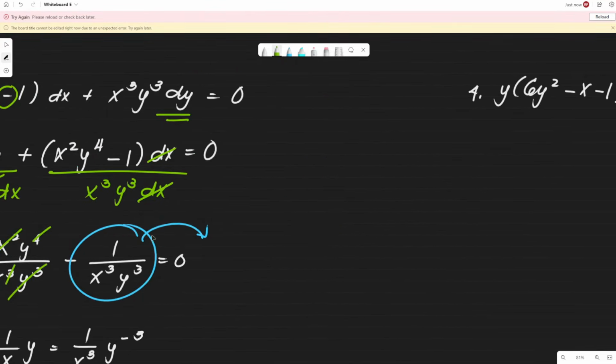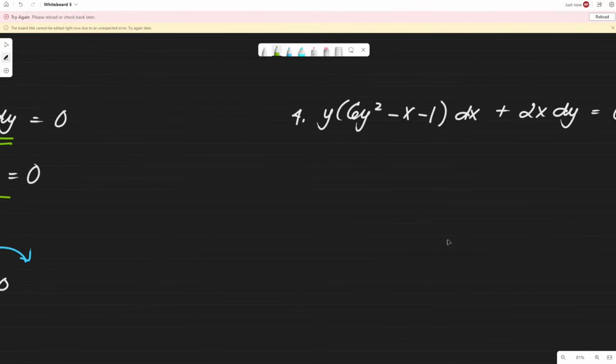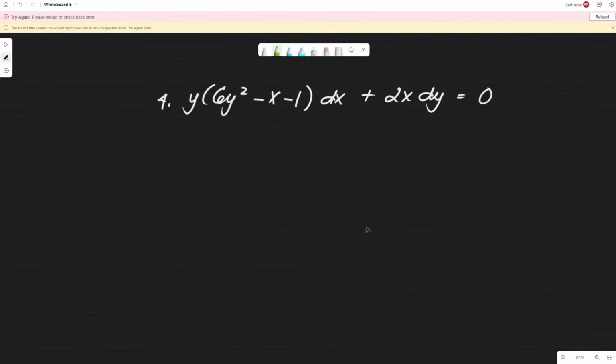And for our last example, we have y times 6y squared minus x minus 1 dx plus 2x dy is equal to 0. So we have plus or minus operators here, so it's linear or Bernoulli in y.